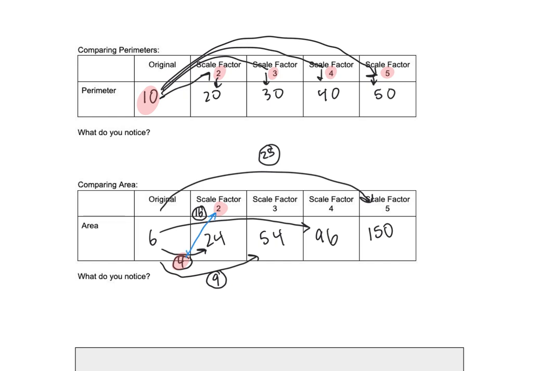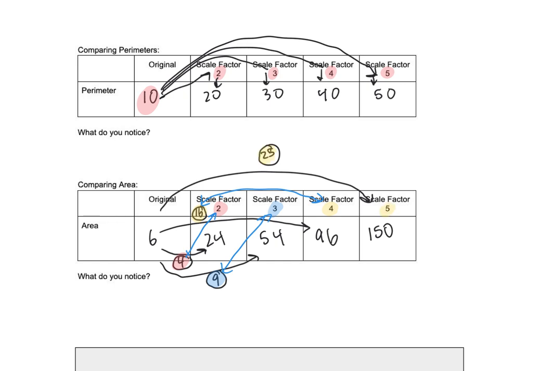And then you look at your scale factor between 9 and 3. What do you notice about those two numbers? How are they related? And then what do you notice about 4 and 16? How are those related? And then I want you to look at 5 and 25.